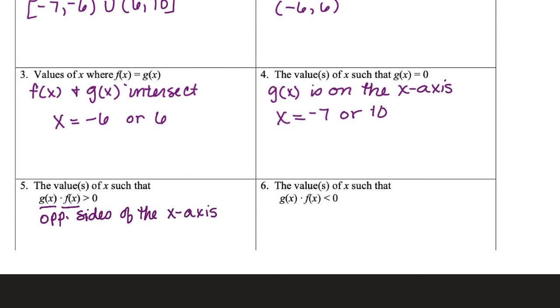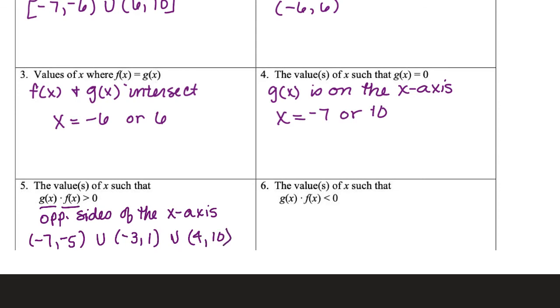That's what that is saying for us. And so that happens at -7 to -5, union -3 to 1, and finally from 4 to 10.